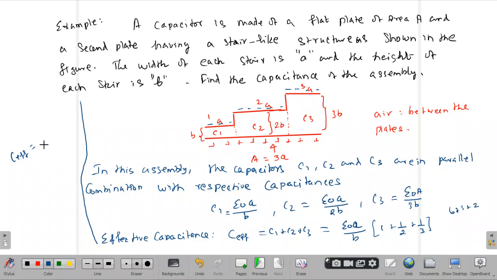So 11 by 6 of epsilon naught A by B. 11 by 6 of epsilon naught A by B. So this is the final answer. We'll discuss one more example. It's a very important example.